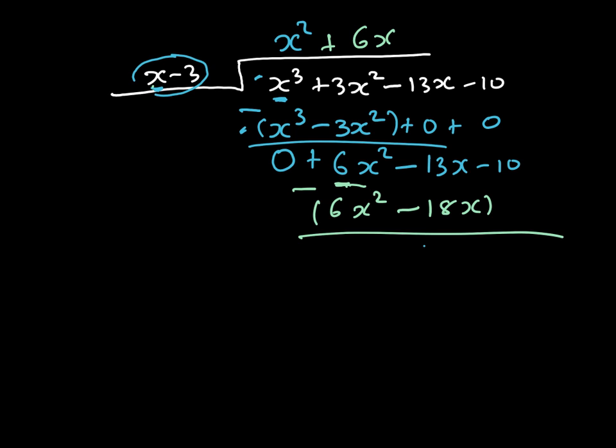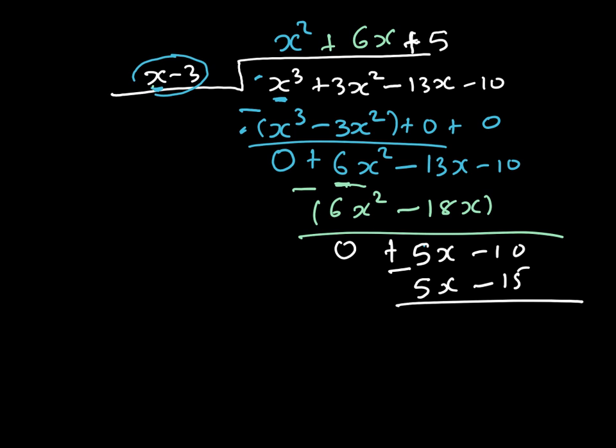This is a 0, negative and negative is a positive, so this is a positive 18x minus 13, so plus 5x minus 10. Okay, 5x divided by x, you are having a 5. This is plus 5. So 5 times x, you get 5x minus 15.